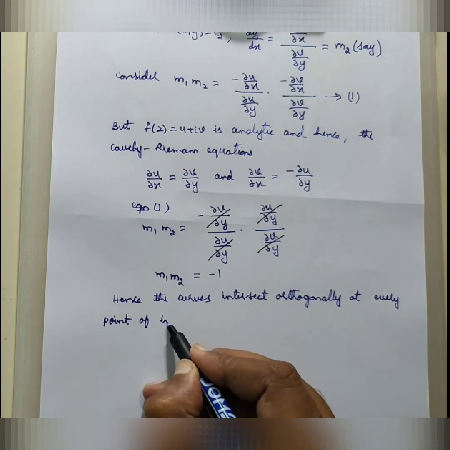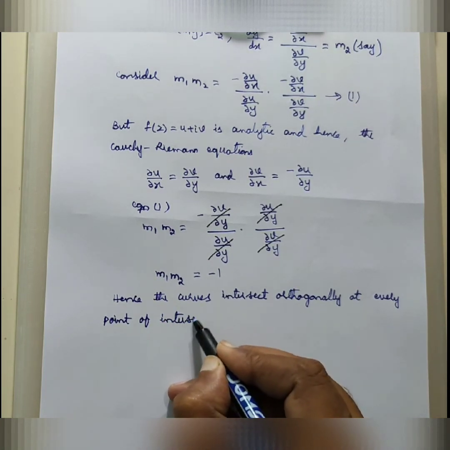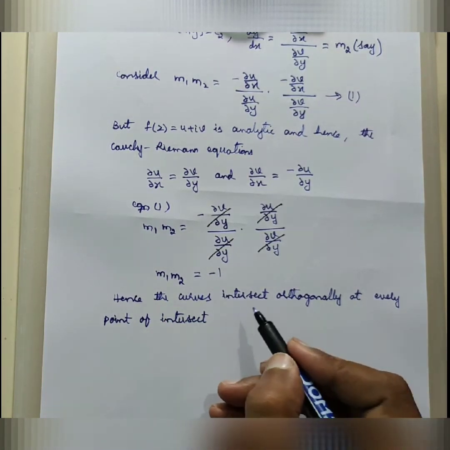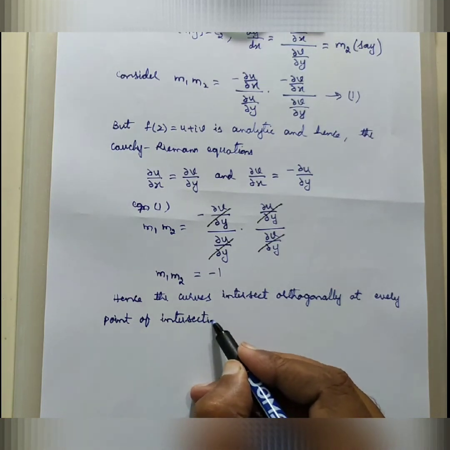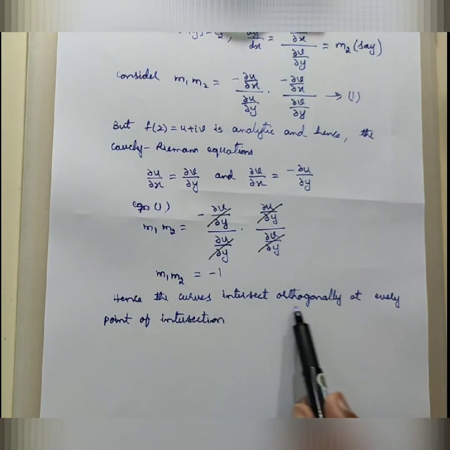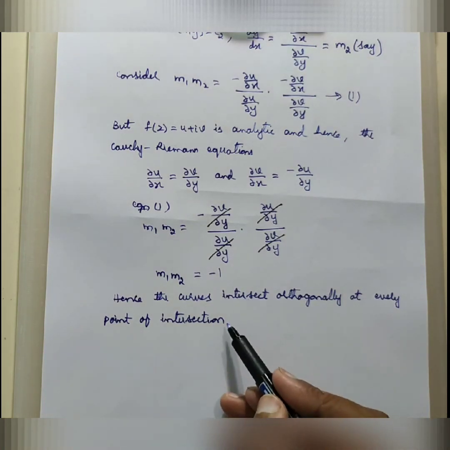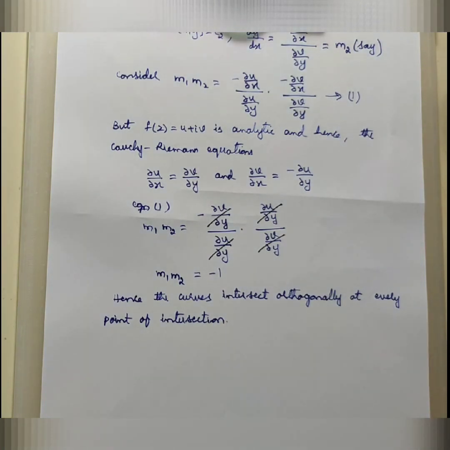Wherever the two curves intersect, they intersect orthogonally. So hence we have shown that u and v are orthogonal to each other.